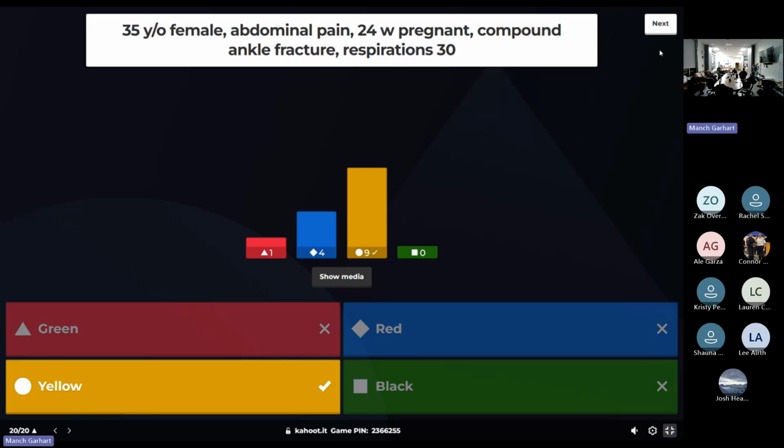And there's no time on there, so that doesn't help your decision making. If you had that information, it might help a bit. Can't walk. Respiratory is 30. Abdominal pain. Her baseline is 28. That's a geriatric pregnancy, actually. So very close.